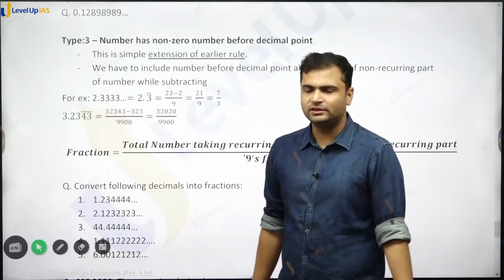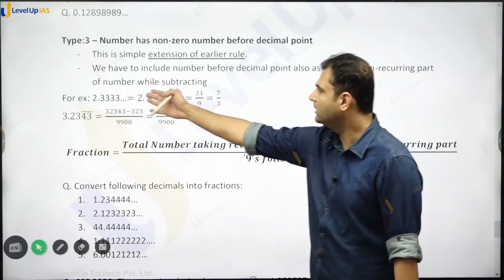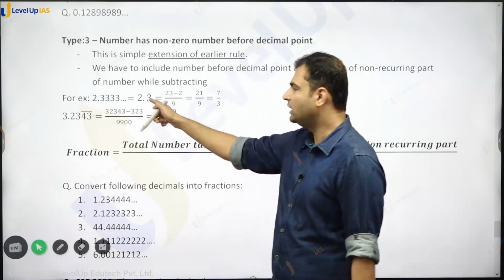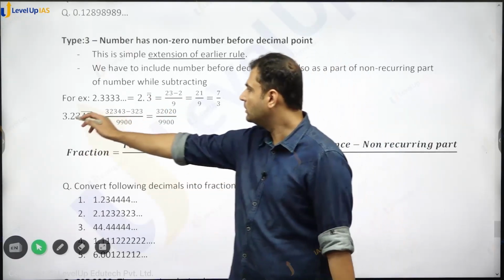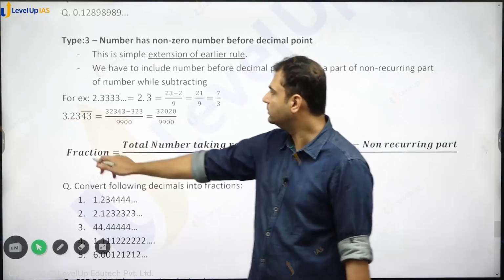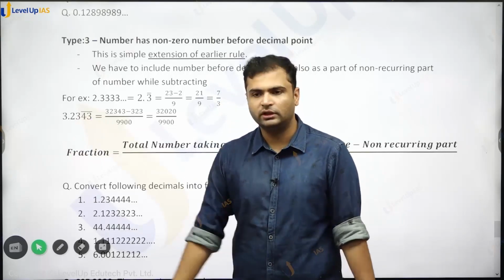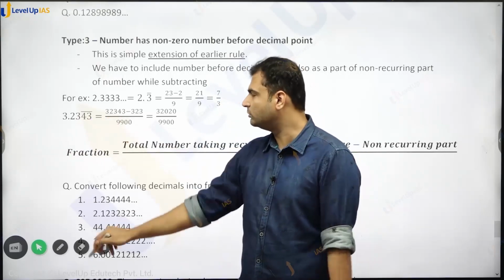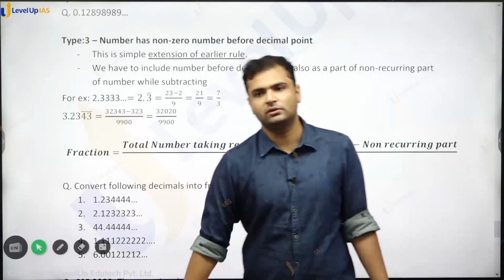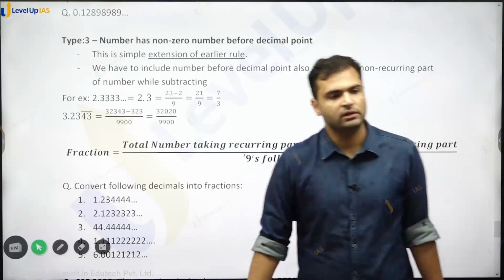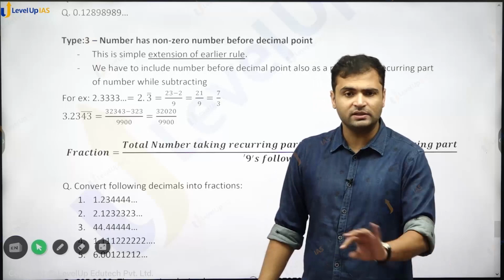So for 2.3333, nothing will happen, 23 minus 2 over 9, we have already seen this case. And if there are some digits in between, we write the entire number and subtract the entire thing, 323, till the repeated part, from the numerator, and as many 9s as there are repeated digits, as many zeros as there are digits between the decimal point and repetition. This is the working rule, the rest remains the same.